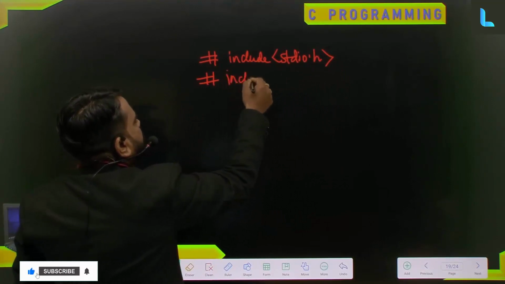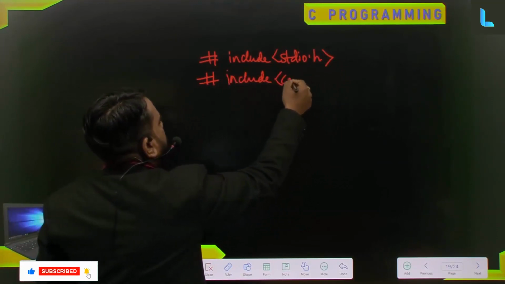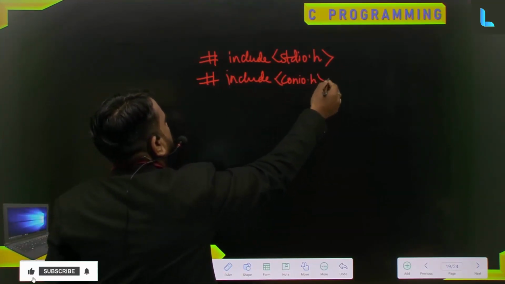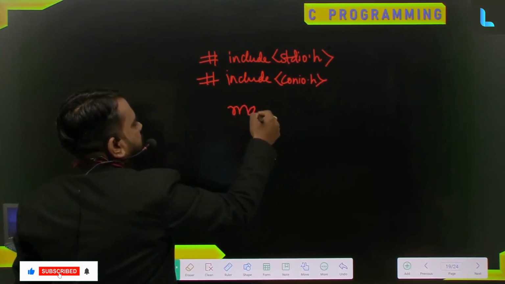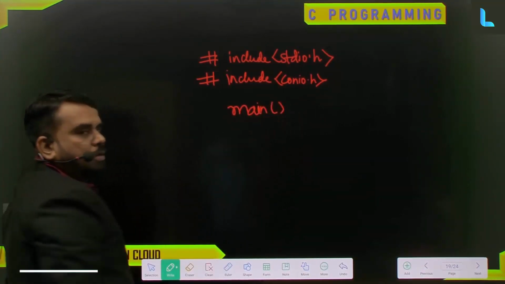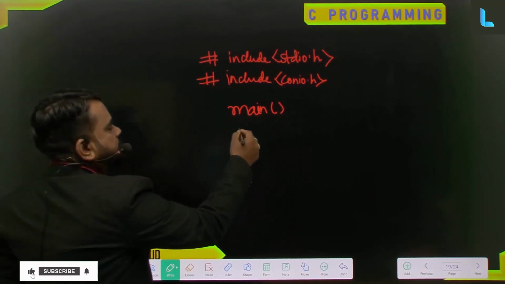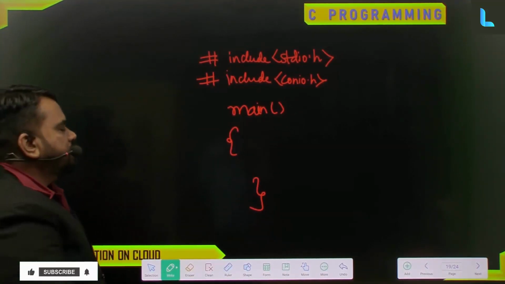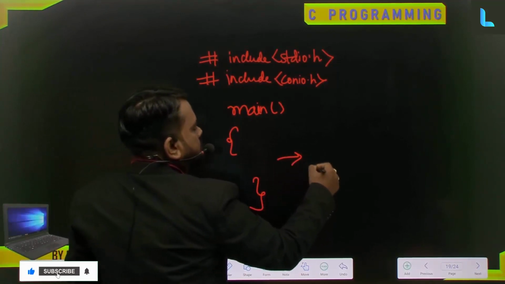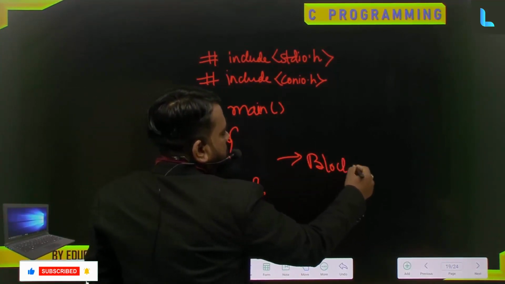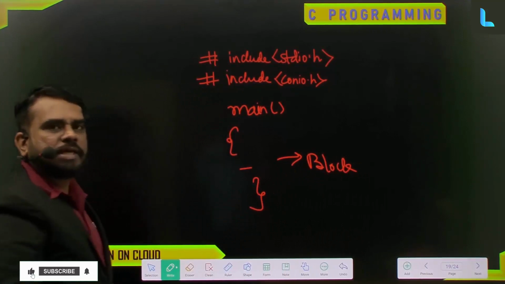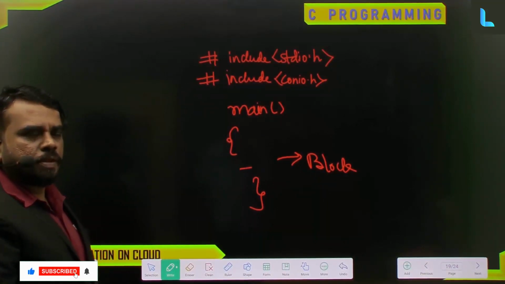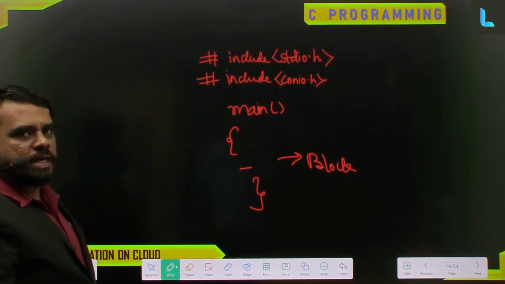Once we include the header files, every C program always begins with the main function, and this main function has opening and closing braces, which indicate that this is a block. Inside this, the other statements are written. So this is how we write the structure.